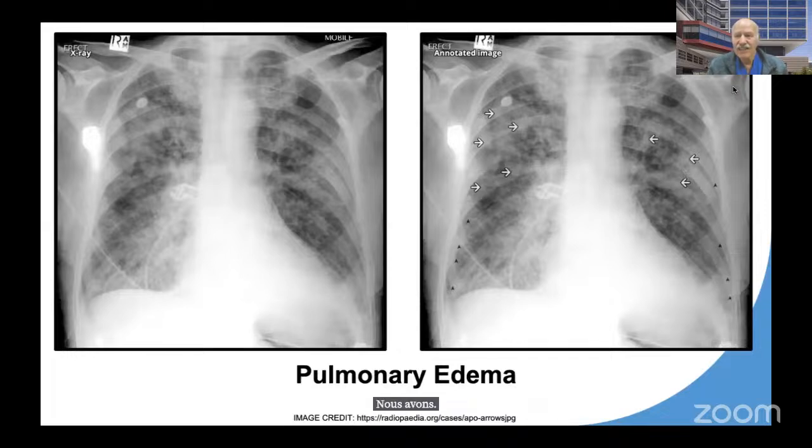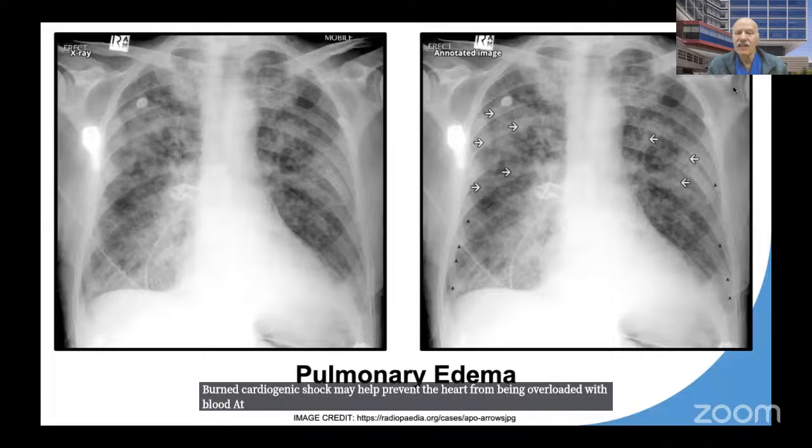That has the effect of decreasing venous return, which in hypovolemic shock can be detrimental, but in cardiogenic shock may help prevent the heart from being overloaded with blood. At the same time, it is increasing the thoracic pressure, which allows the heart to eject blood more efficiently to the rest of the body.